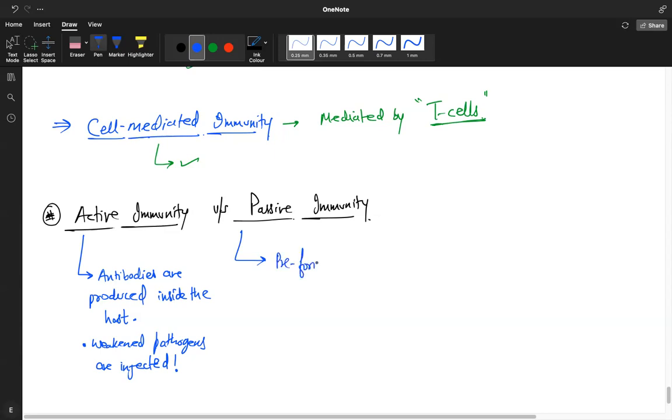Yes, sir. Write down: preformed antibodies are injected in the body of an organism. Okay. So no weakened pathogen, direct antibodies.